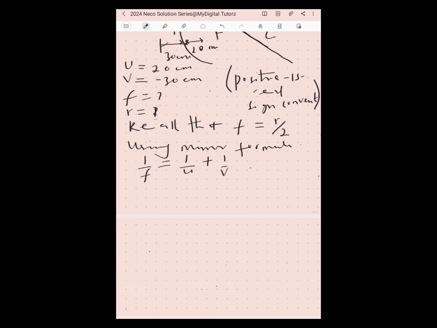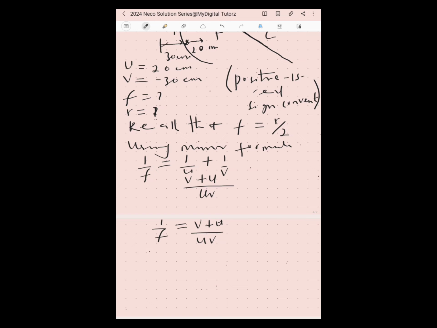Doing that, I can find the LCM here, uv. Then uv divided by u will cancel u, and we are left with v multiplied by 1 gives us v, plus uv divided by v will cancel v, and we are left with u multiplied by 1, you have u. This implies 1 over f is equal to v plus u all over uv.